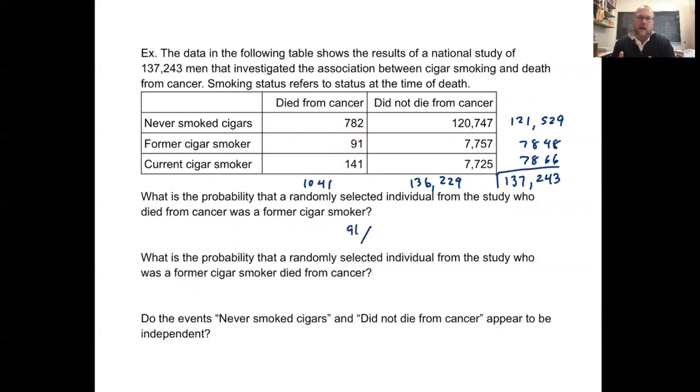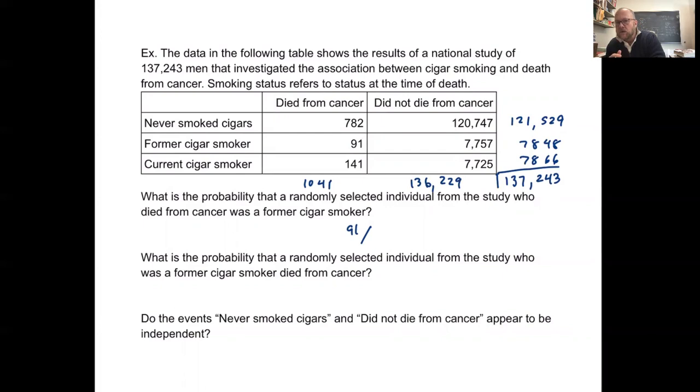And then out of, so the out of, we have to look and see which one we were given. So reading carefully, what is the probability that a randomly selected individual from the study who died from cancer was a former cigar smoker.